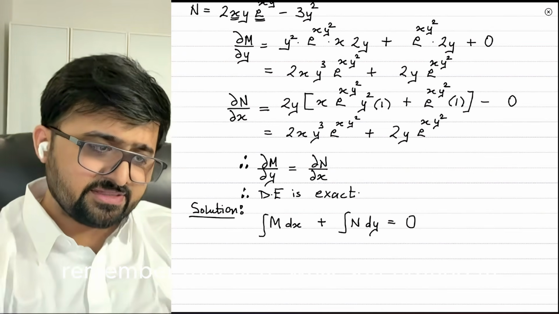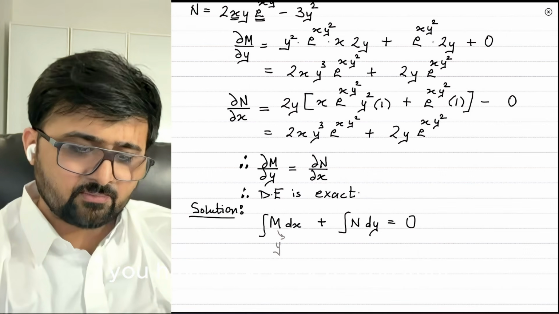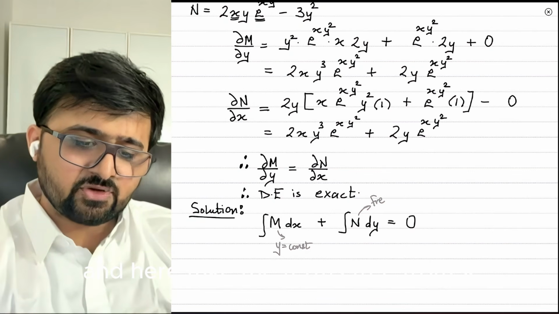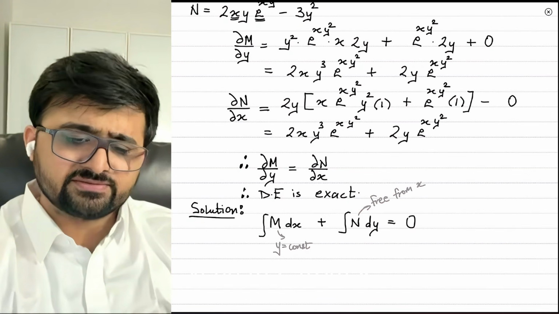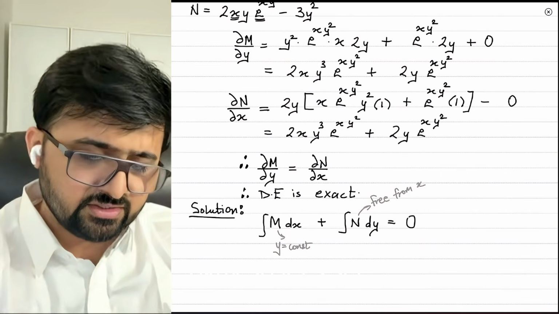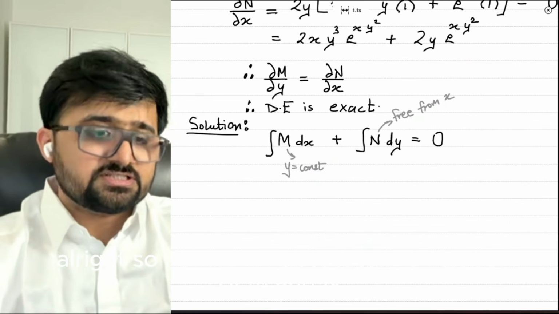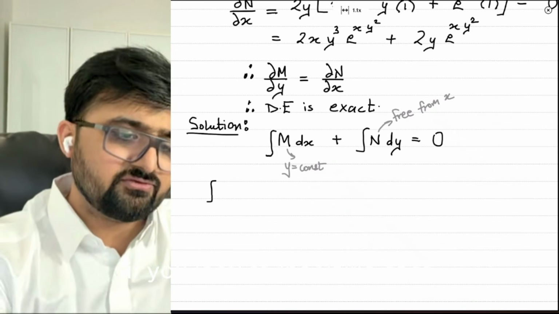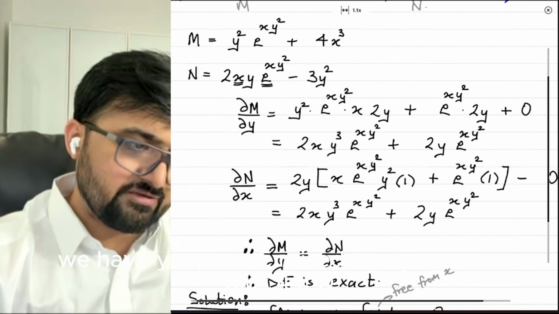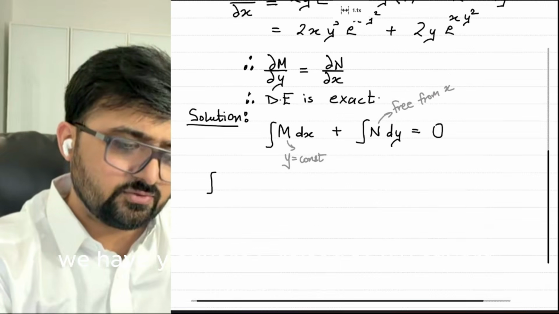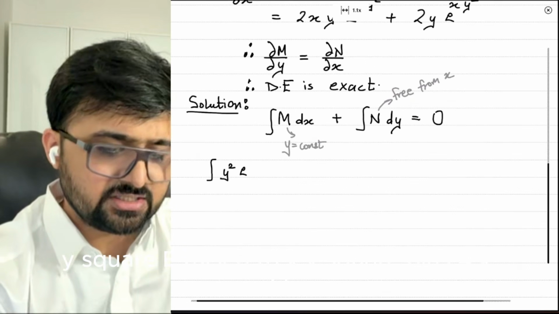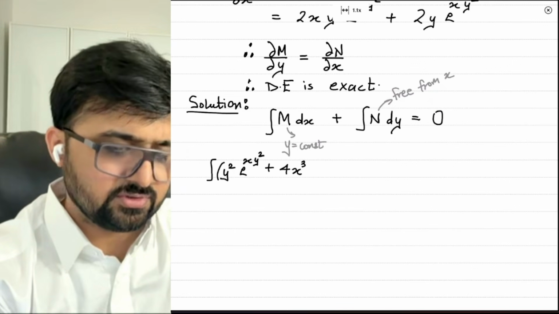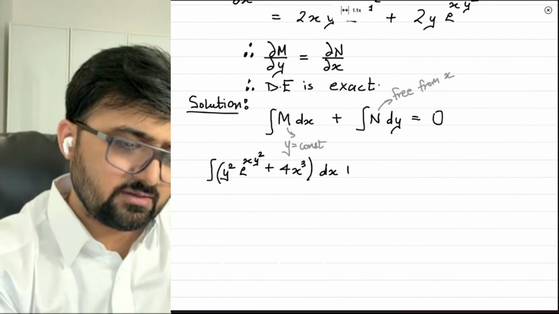So therefore, remember that here, while integrating M, you have to keep y as constant. And here, take only the terms which are free from x. So x shouldn't be there here. Okay, so let's see. All right. So now let's substitute the values of M and N. So we have integration of, if you look at the value of M, we have y square e raised to xy square plus 4x cube, into dx plus.